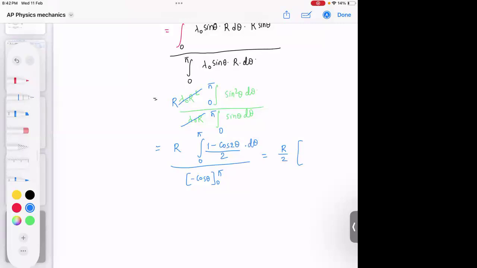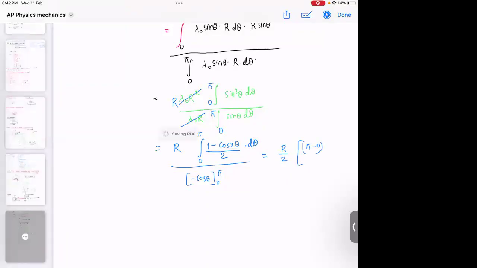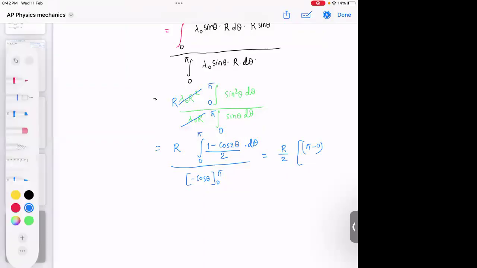Now the integration of r by 2 d theta gives theta, and if I put the limit, it is pi minus 0. Then minus the integration of cos 2 theta gives sine 2 theta by 2, and if you put the limits, sine 2 pi and sine 0 are both 0. So the numerator integration is this much.